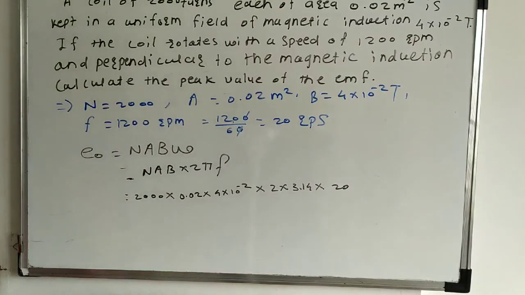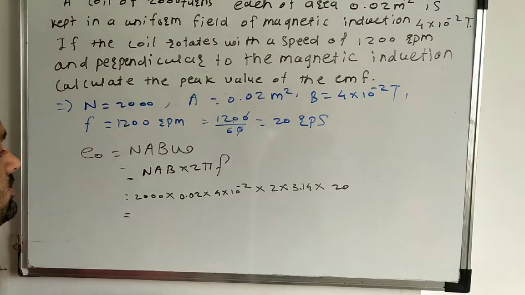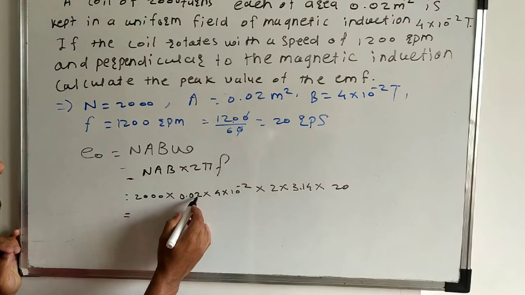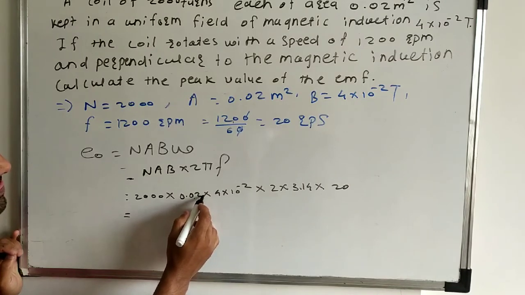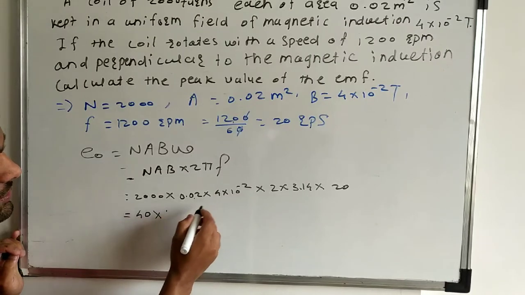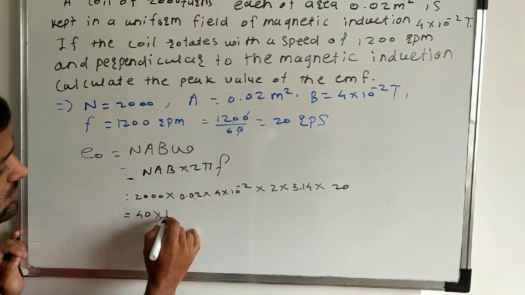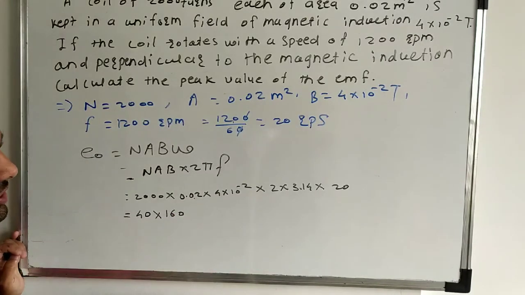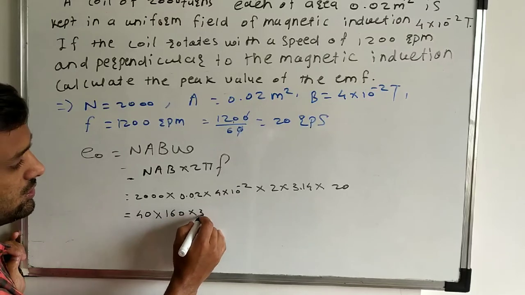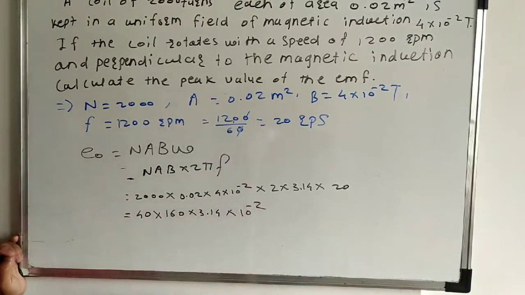So comparatively the numerical is quite an easy one. If you put in the values, then what will happen? 160 into 3.14 into 10 raised to minus 2.